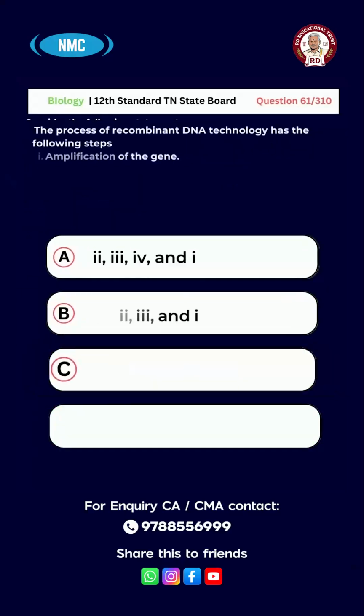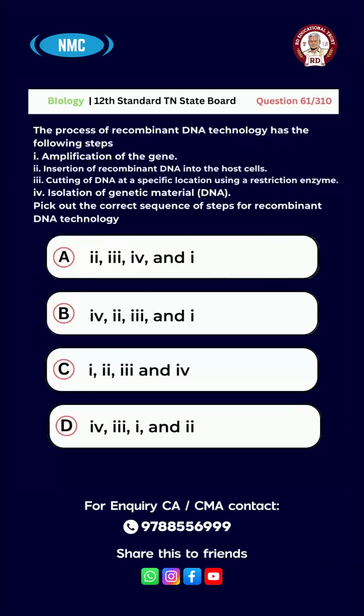Question number 61. The process of recombinant DNA technology has the following steps. 1. Amplification of the gene. 2. Insertion of recombinant DNA into host cells. 3. Cutting of DNA at a specific location using a restriction enzyme. 4. Isolation of genetic material.